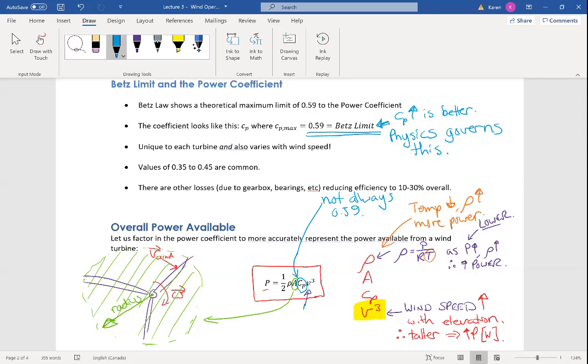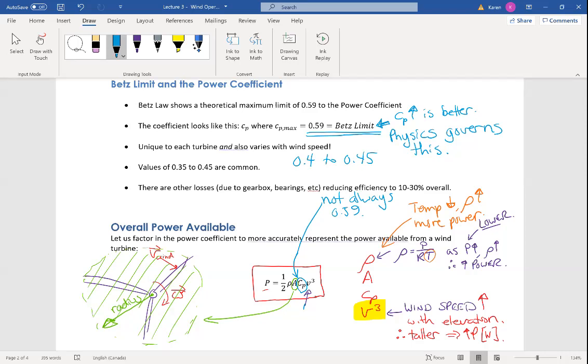So it's not always 0.59. That's rare. Around right now, 0.4 to 0.45 are more realistic. But physics says that you can never possibly go over 0.59.